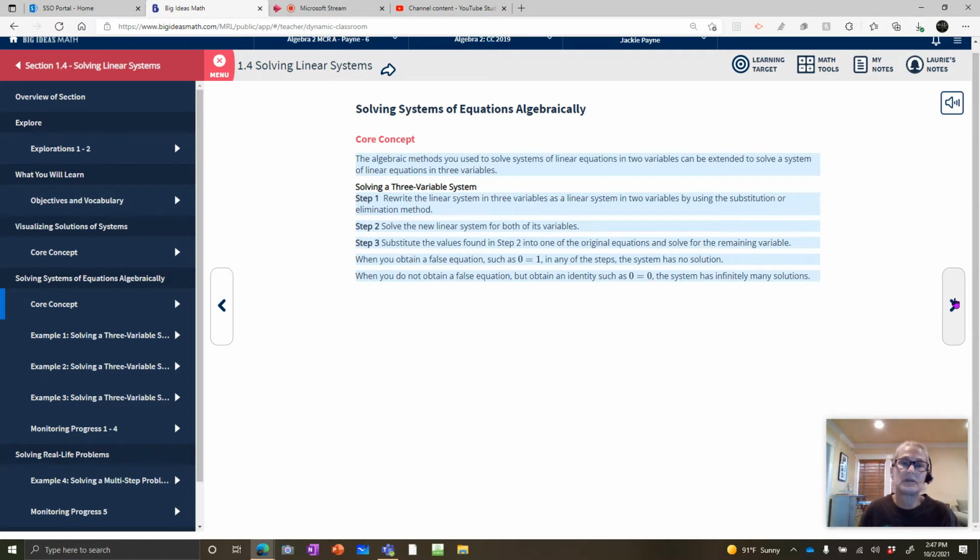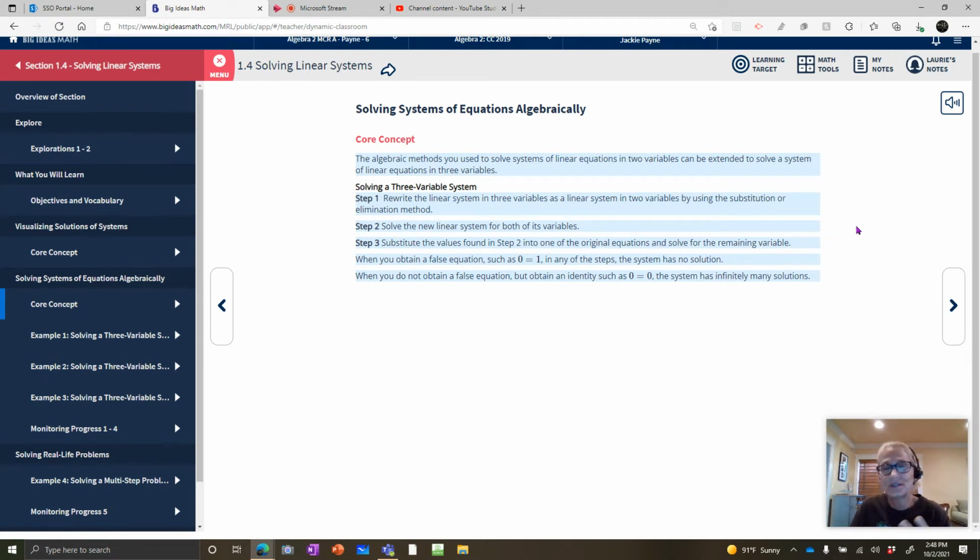So here's the steps. Step 1, rewrite the system in 3 variables as a system in 2 variables by using substitution or elimination. Then you solve those 2 for one of the variables. Then you take that variable you solved, plug it back in to one of the originals, and solve for the remaining variable.